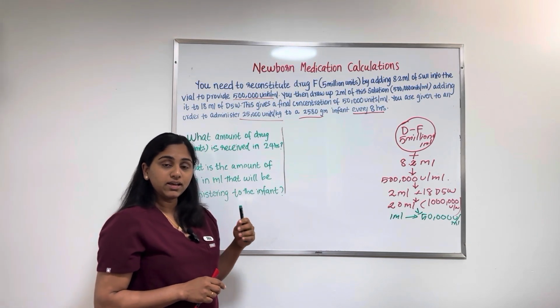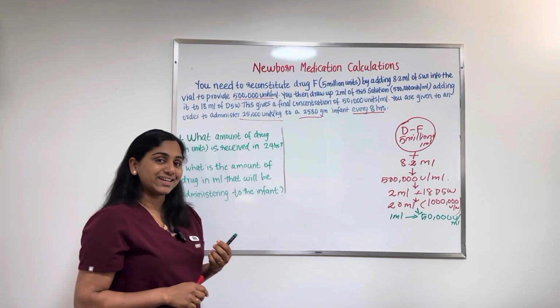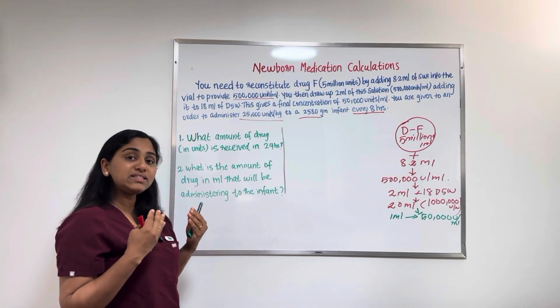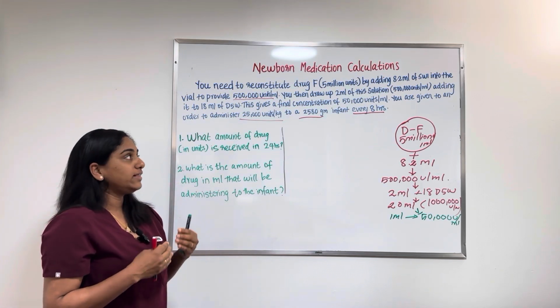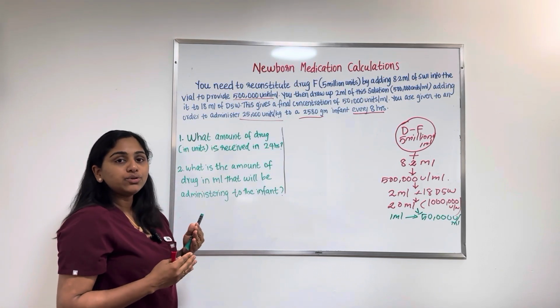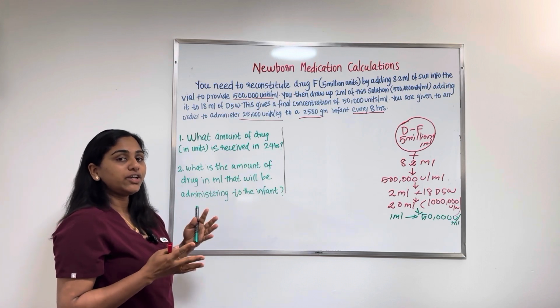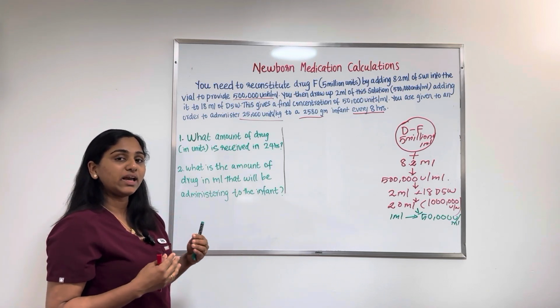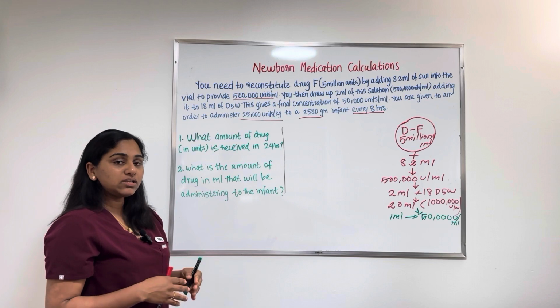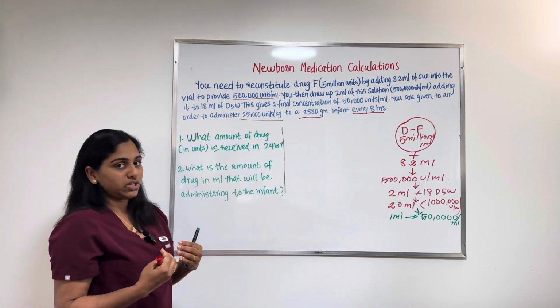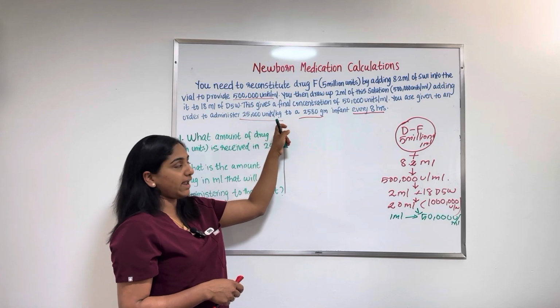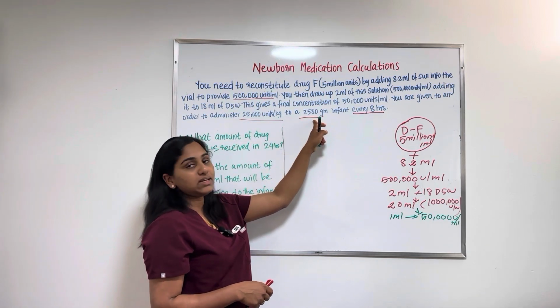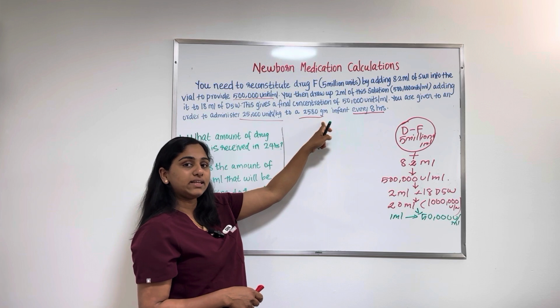So in the first class we already discussed the first important step for newborn medication calculations. That means we need to make sure that we are giving the medications based on the conversions. So we know that here it is 25,000 units per kg, but the baby's weight is 2,580 gram.